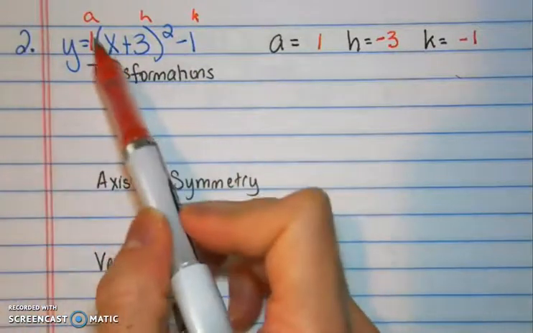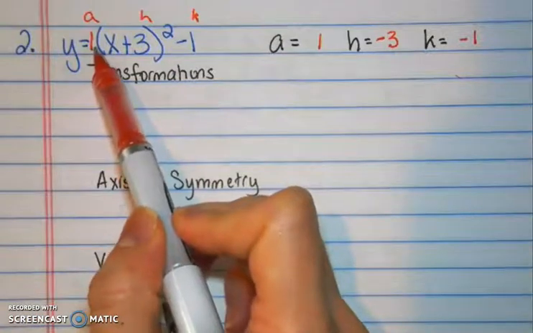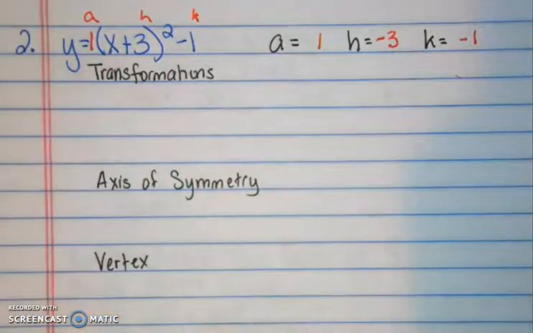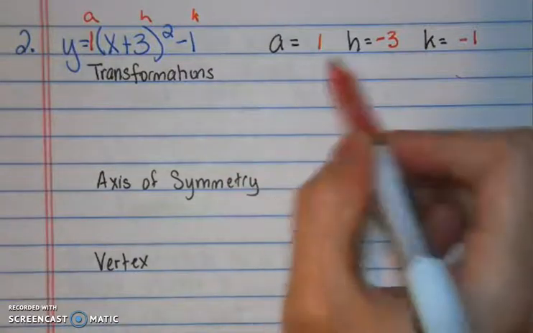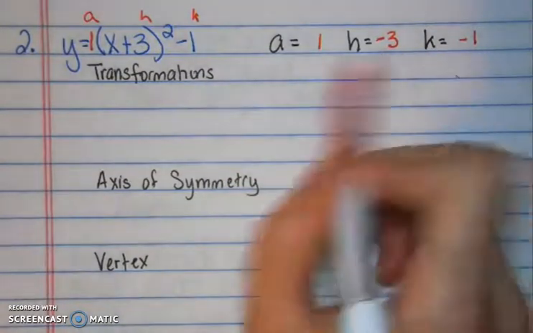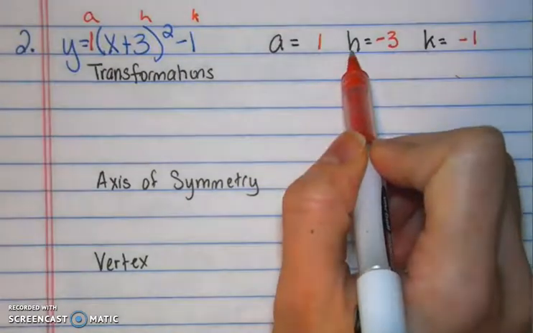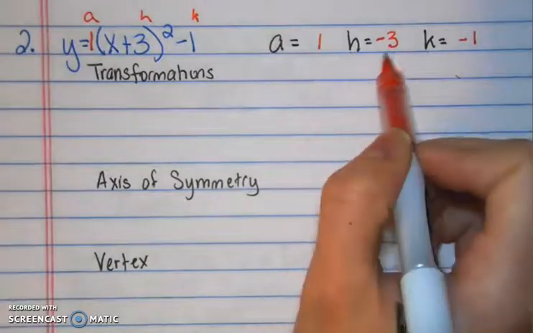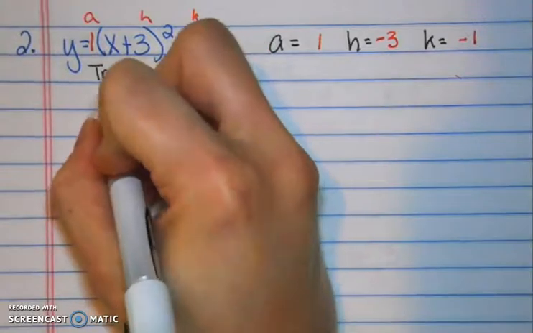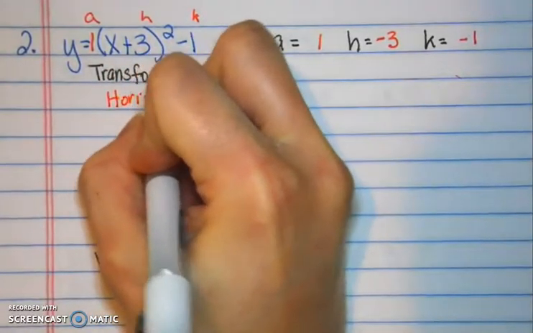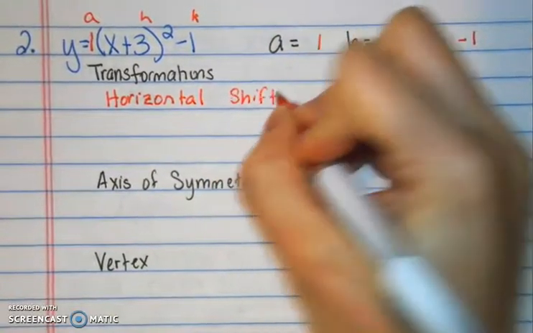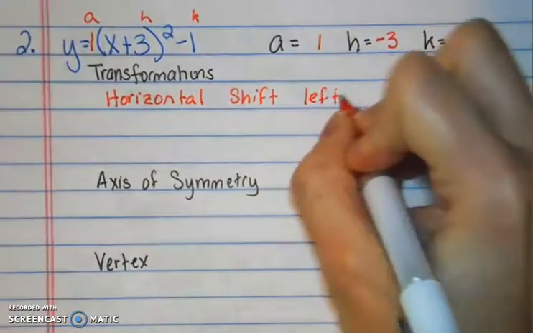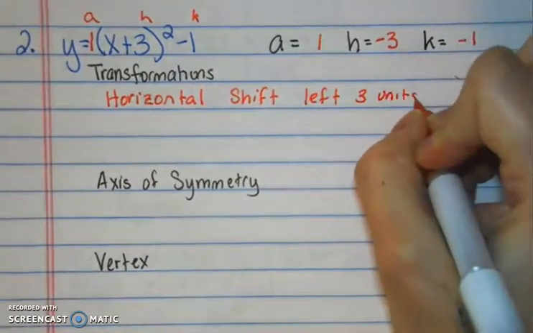Then we look for the value of a. a is 1, and when we multiply something by 1, we are not changing how it looks, so we are not going to have any stretches or compressions. So we can move on to h and k. h is my horizontal shift, and because h is -3, I know I have a horizontal shift left 3 units.